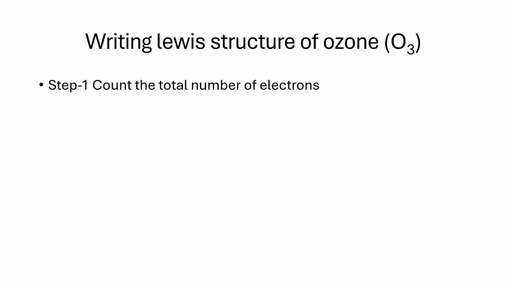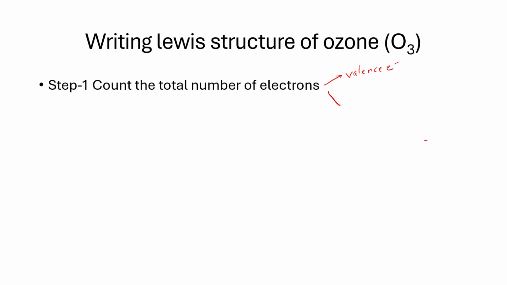So step number one is to count the total number of electrons. Now, when we talk about the total number of electrons, we are talking about the valence electrons of all the atoms that are there in the molecule or the molecular ion. So in this case, it's all the three oxygen atoms.